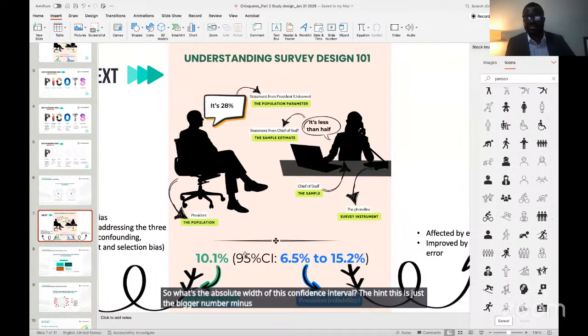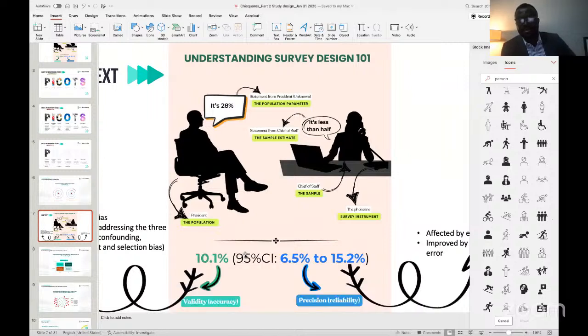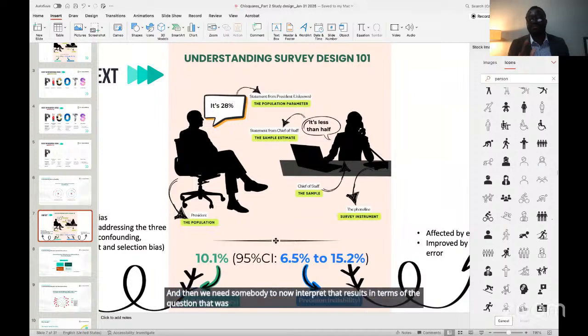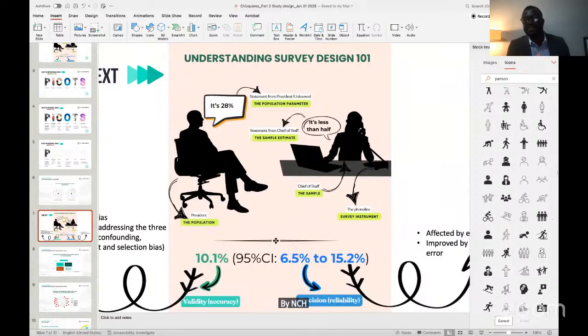That's all there is to it. Anyone can type it in the chat box too. And then we need somebody to interpret that result in terms of the question that was originally posed. By NCHS standards, are these confidence intervals precise or not precise?